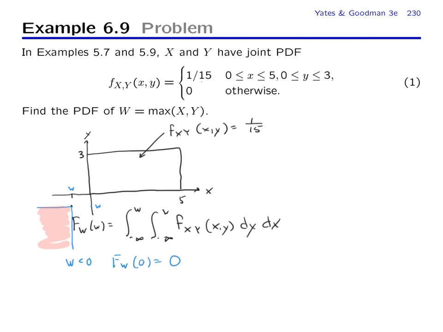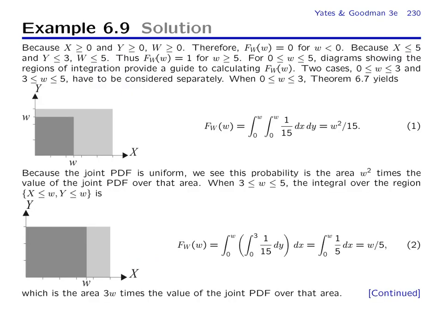To move a little faster, we're going to do the rest of this problem using the slides from the book, which convey the other cases in a nice simple way. So the first case to consider is W greater than or equal to 0 and less than or equal to 3.